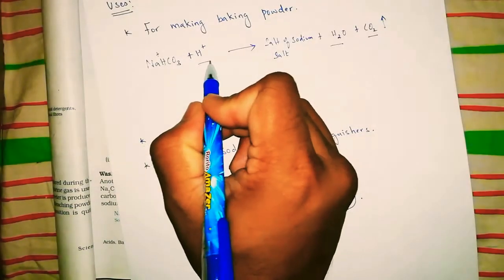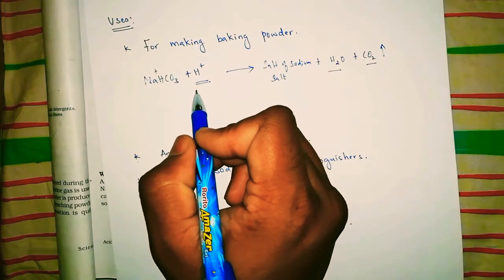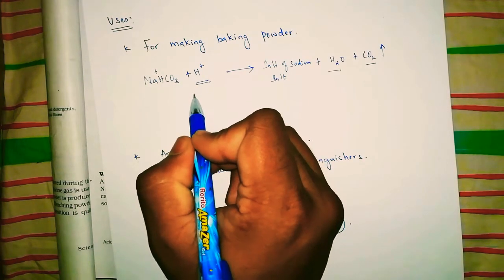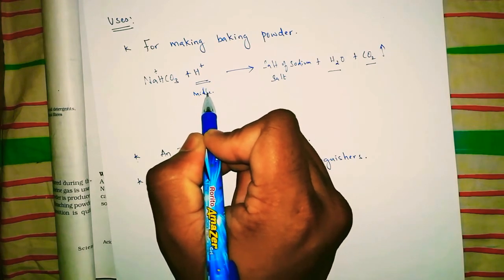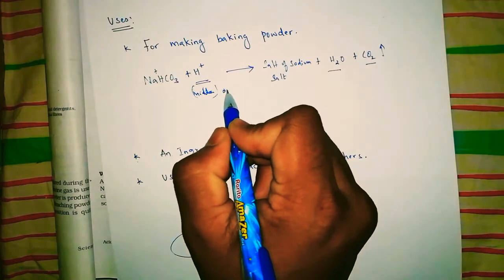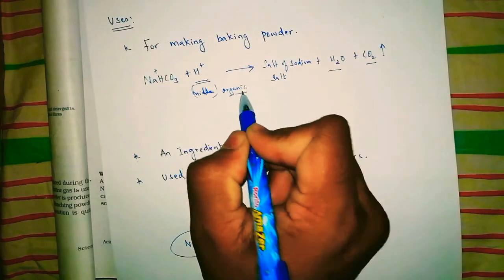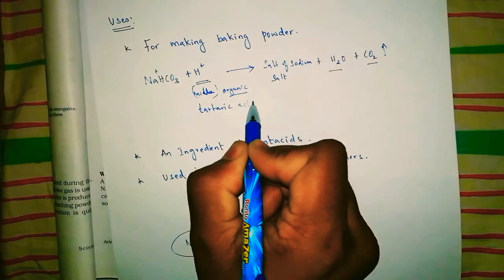And here we are not going to add a strong acid. We will be adding a mild acid. Mild means very light, or in other words you can take any organic acid, for example tartaric acid.